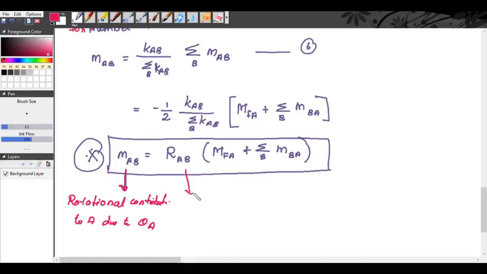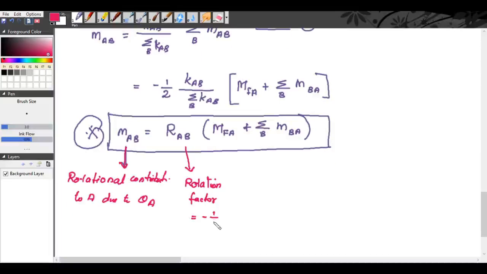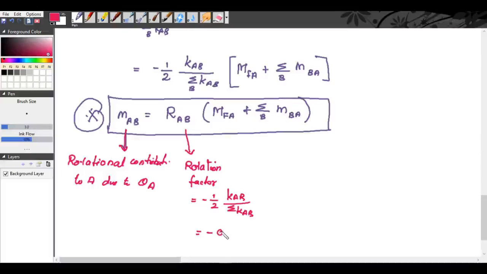So RAB is called the rotation factor. This rotation factor is equal to minus half of KAB by sigma KAB. That means rotation factor is equal to minus 0.5 times the distribution factor.